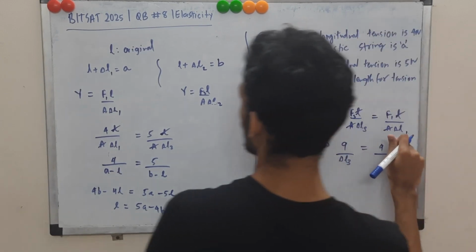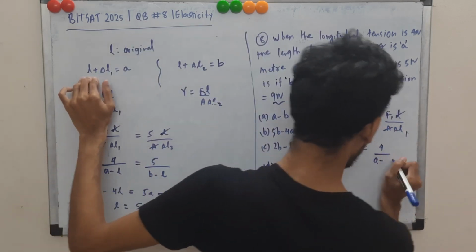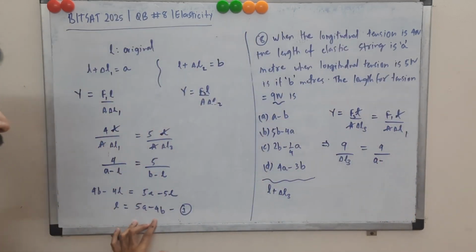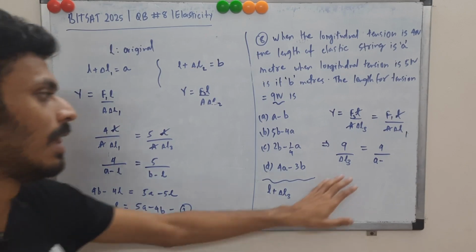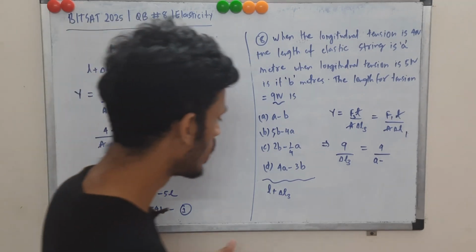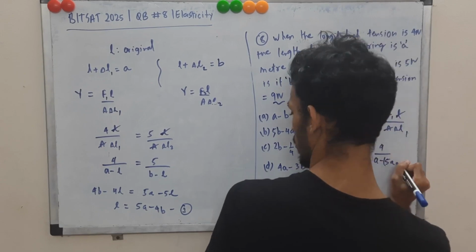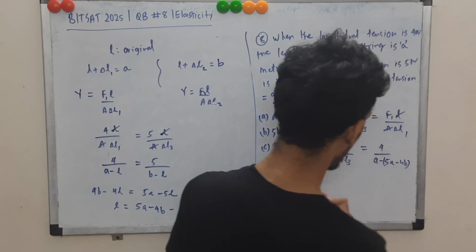So what is delta L1? Delta L1 is A minus L, right? So A minus L. Now L, I'll write it in this form, because we'll want this L3 in the form of A and B, because L is also in the form of A and B. Okay, so we'll have the answer. Here we'll have 5A minus 4B, in brackets.